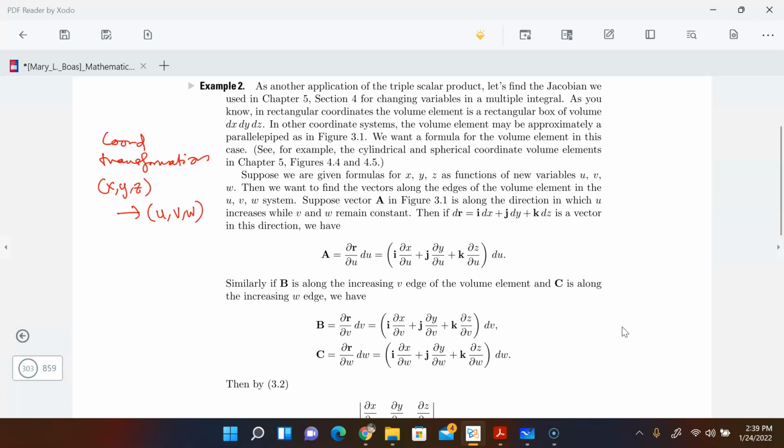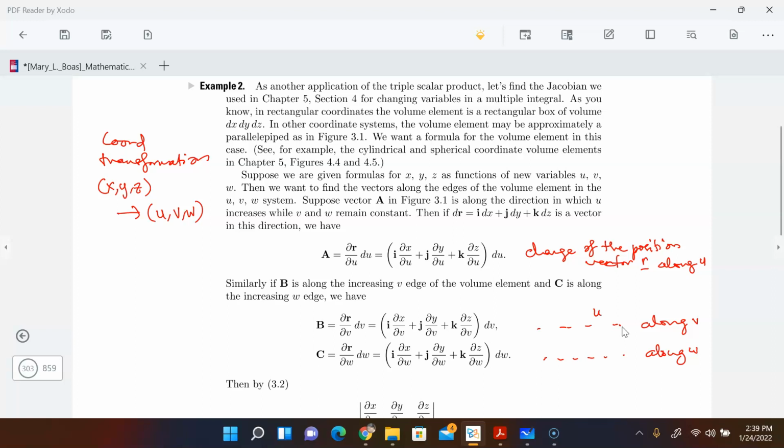You define these vectors. So your A here is a change of the position vector R along U, and this would be the same thing along V, and the same thing along W. And remember that U, V, and W could be in different directions from your x, y, z.